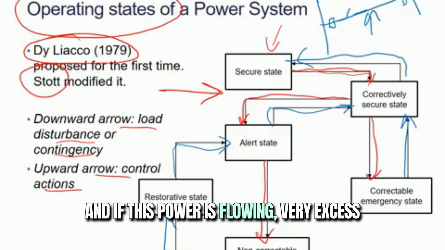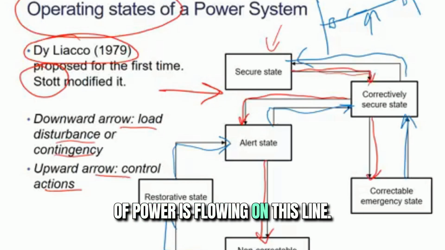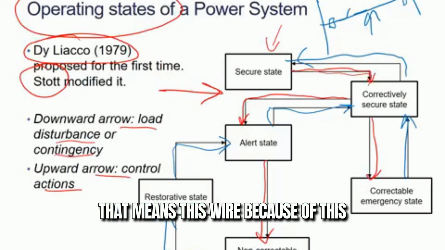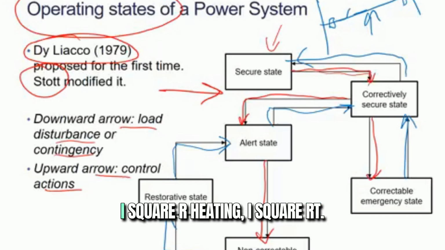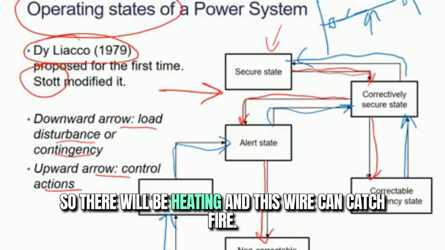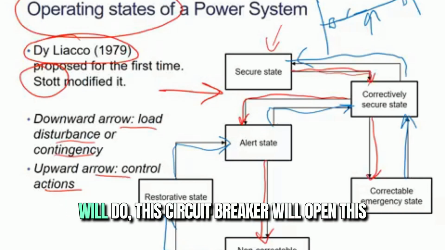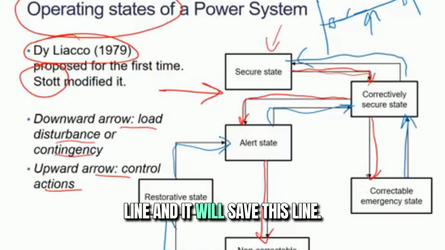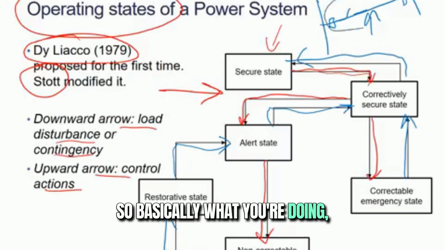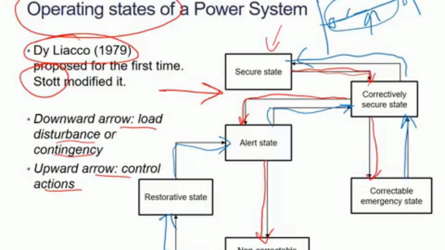Because of I squared R T heating, this wire can catch fire. So during that time, this circuit breaker will open this line and save it. So basically you are protecting this line.